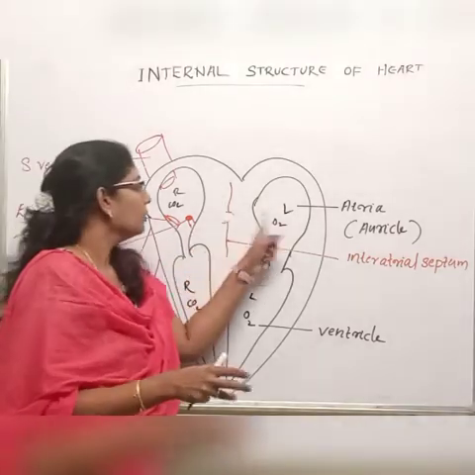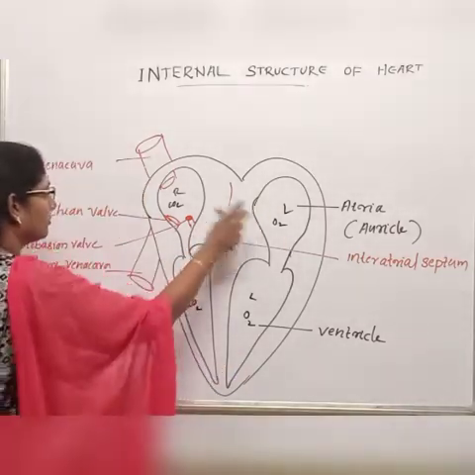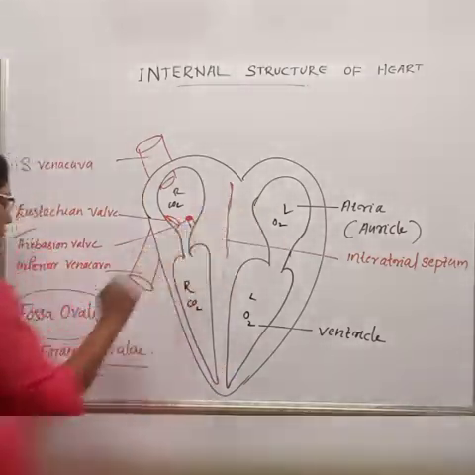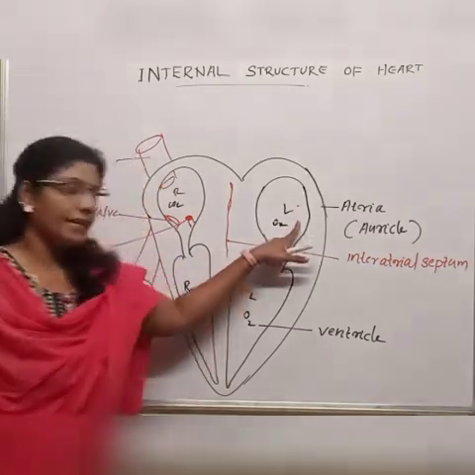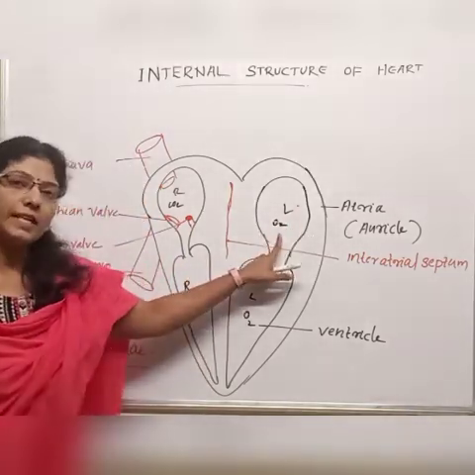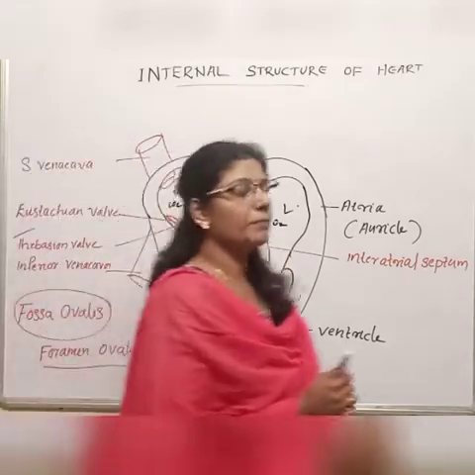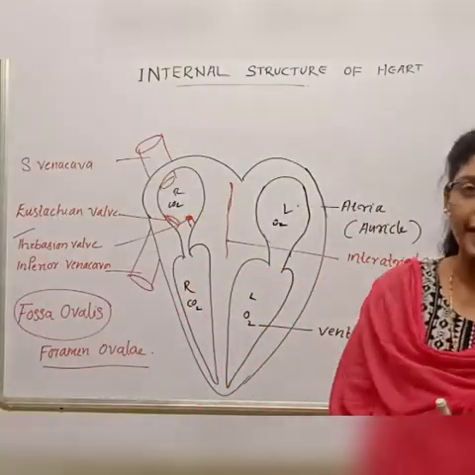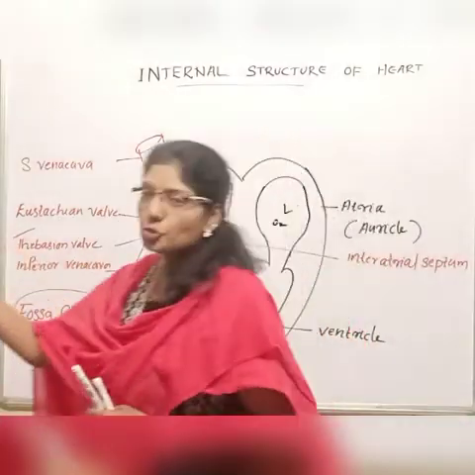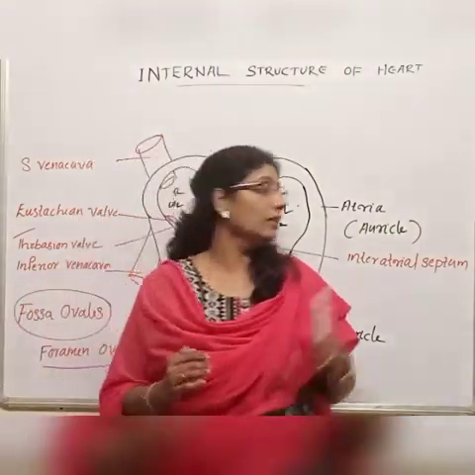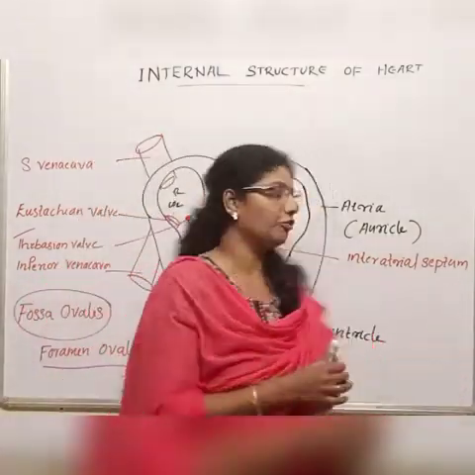Now the left side of the atrium is filled with oxygenated blood. For this oxygenated blood, two pairs of pulmonary veins are there. That means two veins from this side of the lung and two veins from this side of the lung.